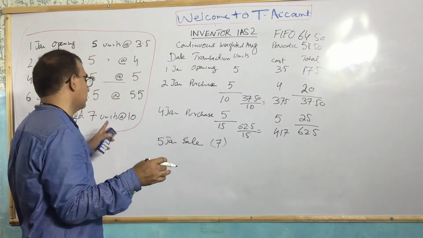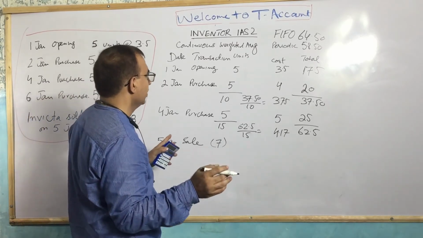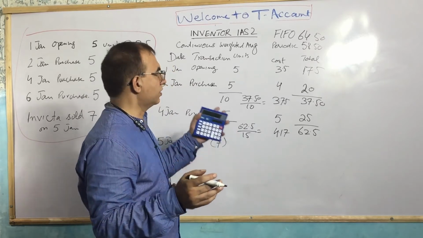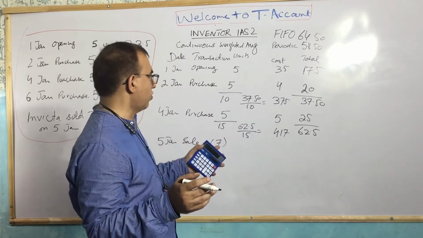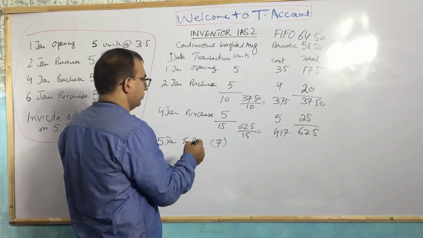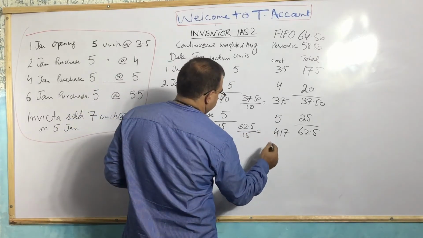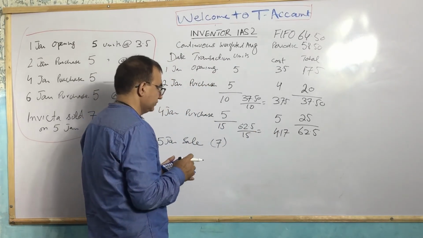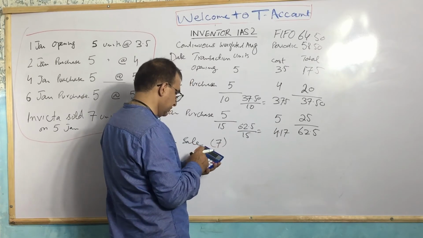They sold at $10, $20, forget it. From here we'll remove the related cost. Whatever cost we have in the record, we'll remove that cost only. So 7 units at, of course, this rate, 4.17.